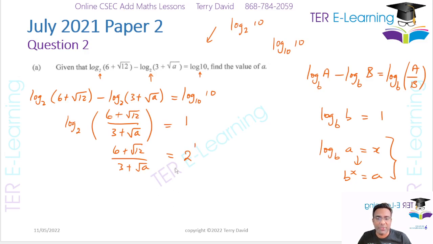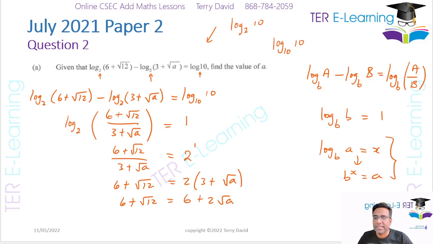The next thing I would like to do is cross multiply, because that's going to help me work this out. So I can write this as 6 plus root 12 is equal to 2 open brackets 3 plus root a, and this is going to be 6 plus root 12 is equal to 6 plus 2 root a.